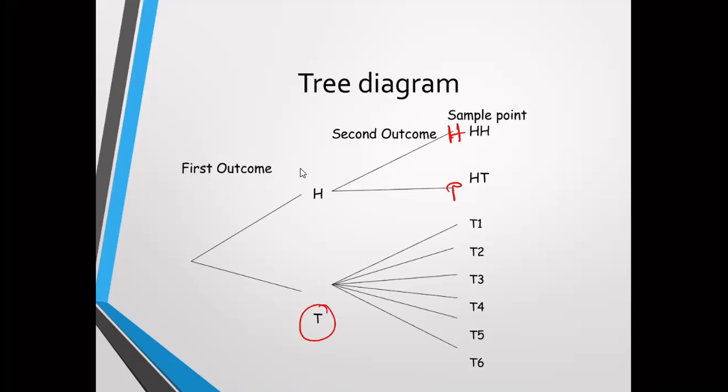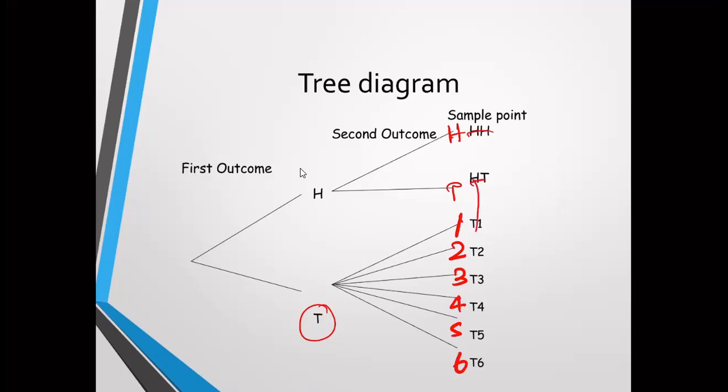So if he gets tail, then he is not flipping the coin. Instead of that, he tosses a die or he rolls a die. If he rolls a fair die, what would be the possible outcomes? There are 6 possible outcomes. It may be either 1, 2, 3, 4, 5, or 6.